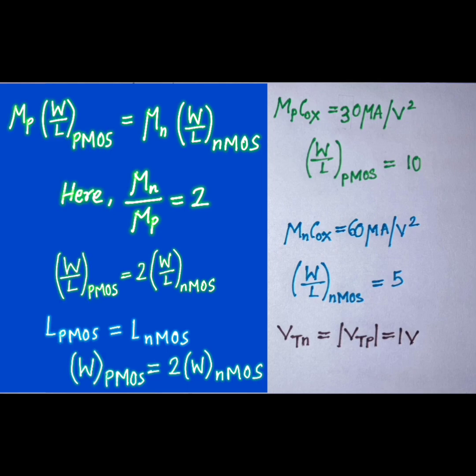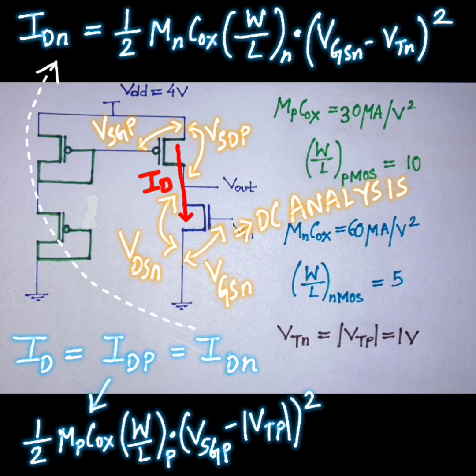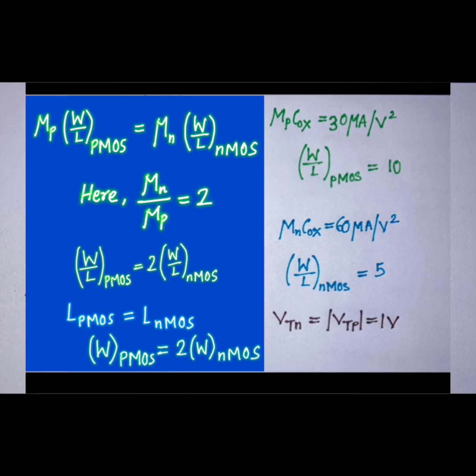So to get the same current flowing, first of all they assume that both are in the same region of operation. Since it's an amplifier, we are considering that both of the transistors are in saturation. Let's go to the next step. So they are already in saturation, and if you keep the overdrive voltage the same for both the upper PMOS and the bottom NMOS, and you are just ignoring the channel length modulation, then the only parameter you have control over is the width, because the length for PMOS and NMOS is the same.